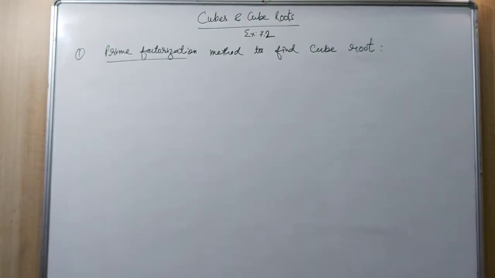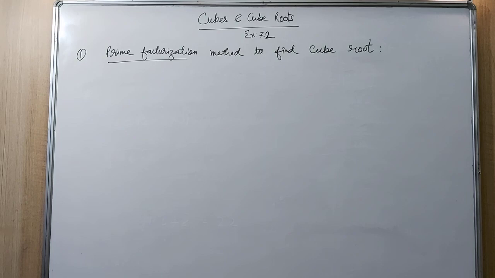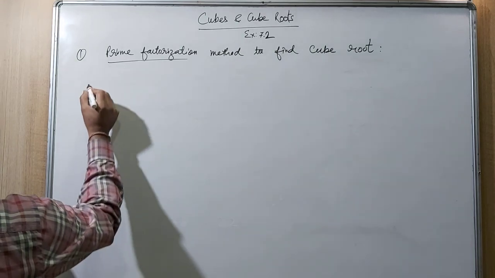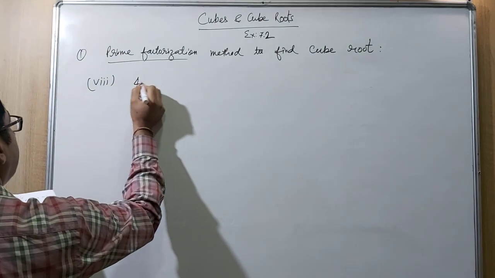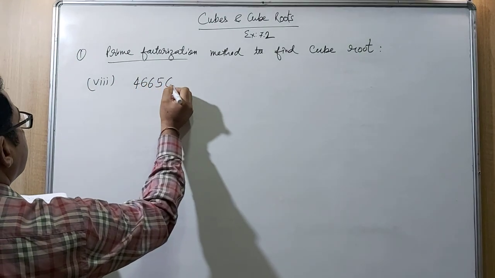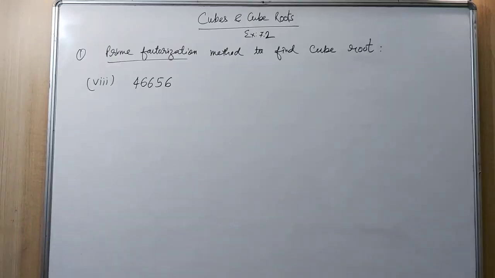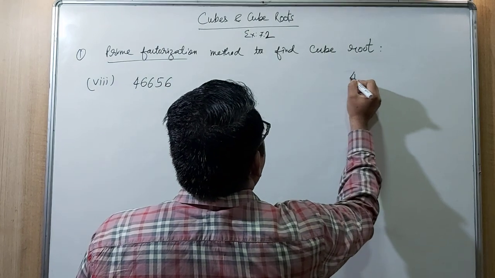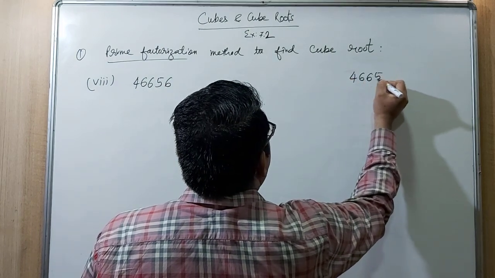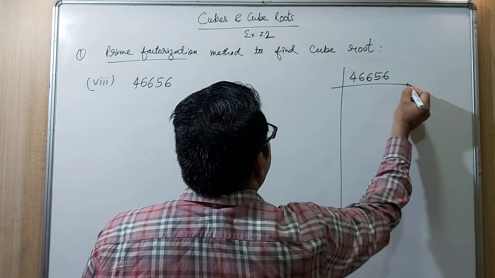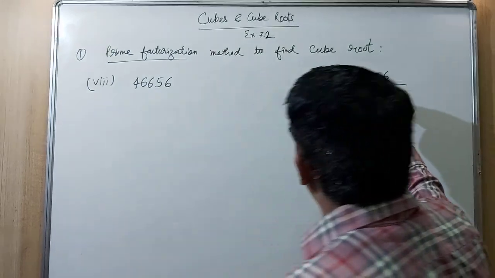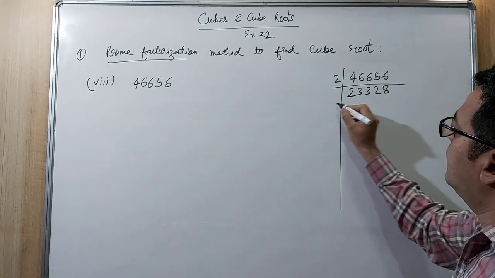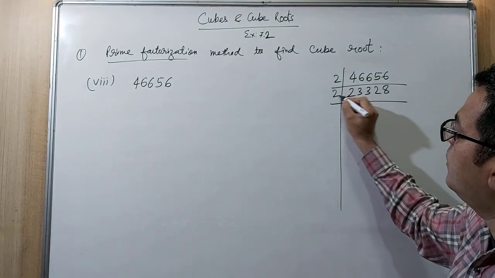One more part I am solving here. This is that eighth part. There are 10 parts in total. This is 46,656. So divide by 2, right? Again by 2.